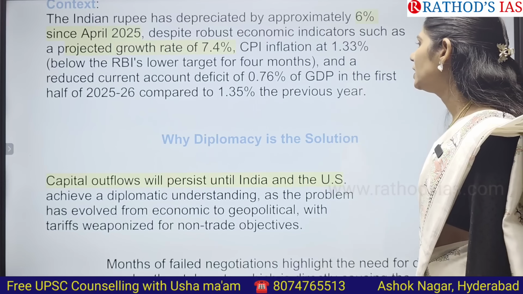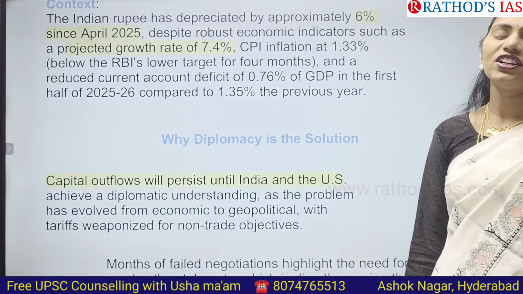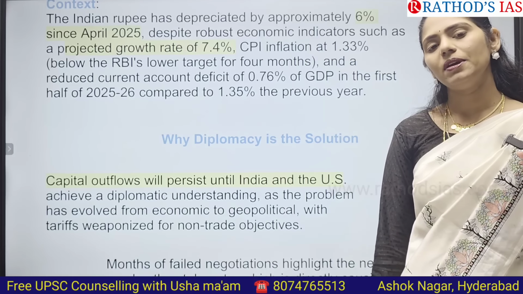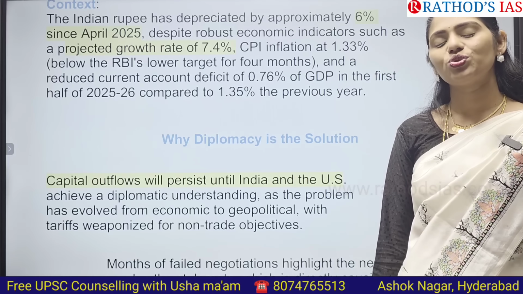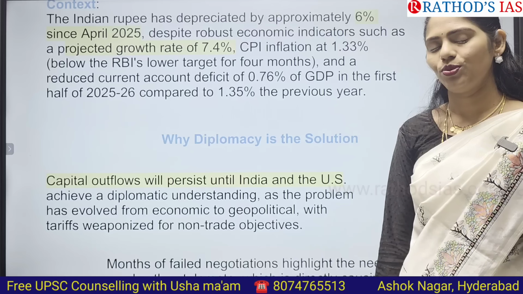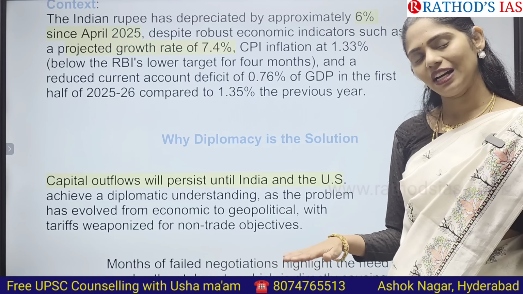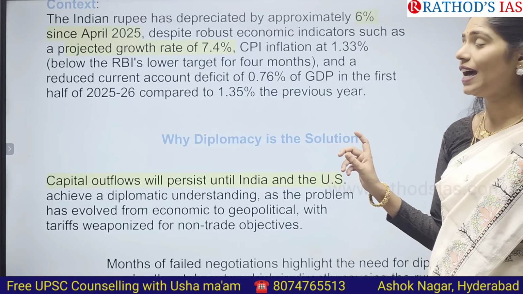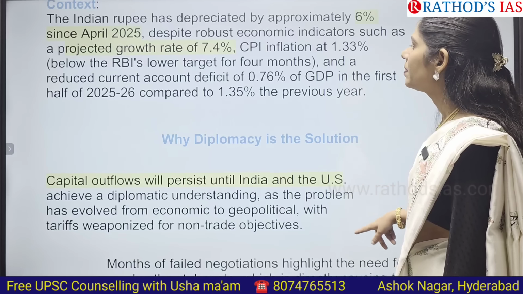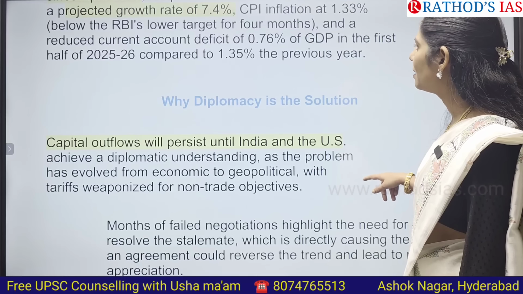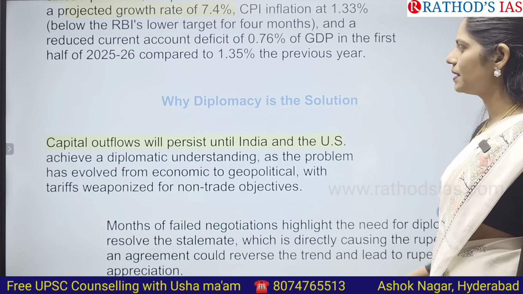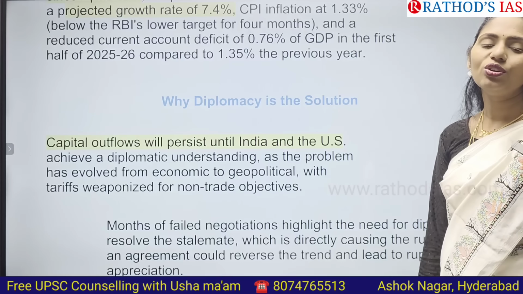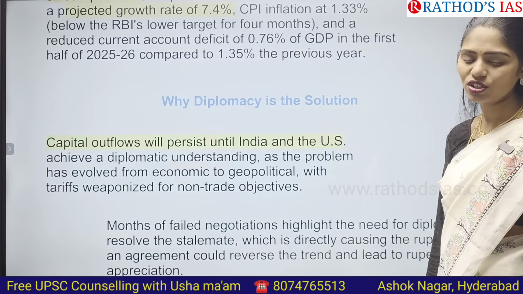Regarding the inflation target of RBI, RBI has to maintain inflation between 2 to 6%. It's 4 plus or minus 2. Even now, the current inflation in our Indian economy is very low compared to the target of RBI. And the current account deficit has been reduced, to around 0.7 percent. But even though these are good, the depreciating value of the rupee is a cause of concern.